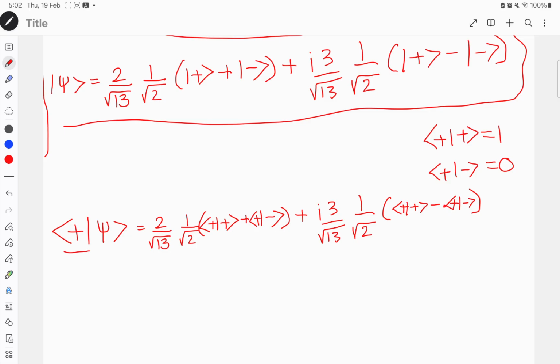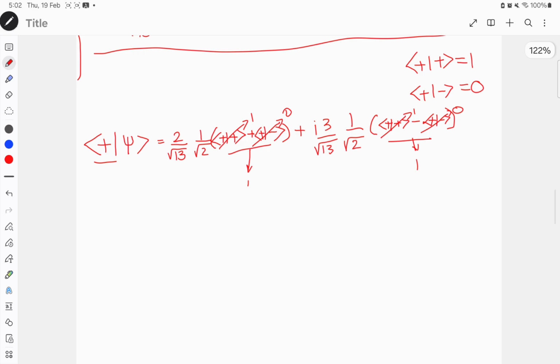Okay, so here will give us 1, here will give us 0, here will give us 1, here will give us 0. So this term will end up being 1. This term will end up being 1.